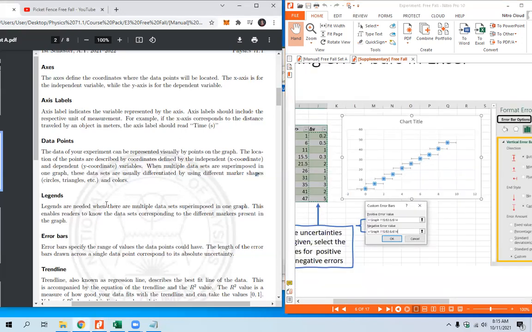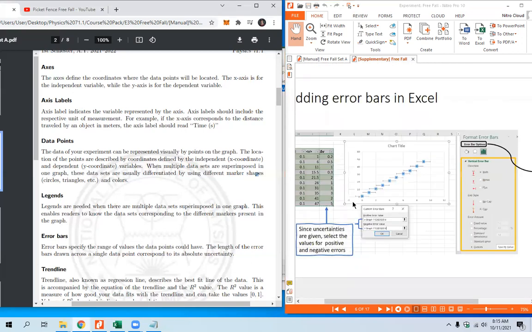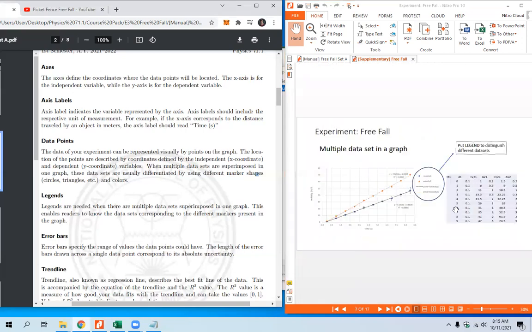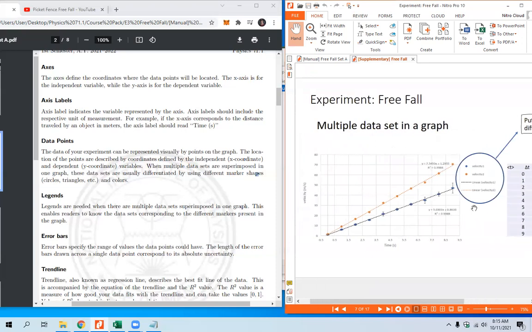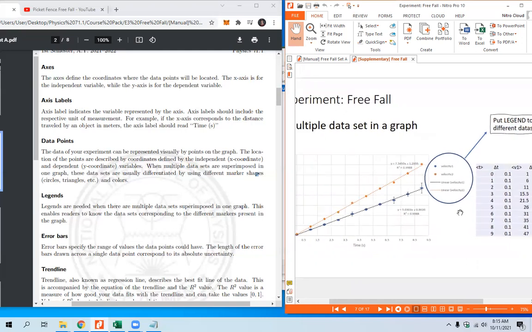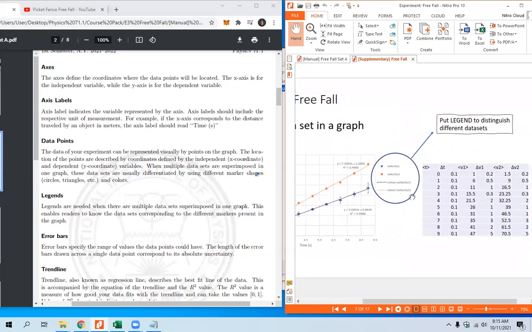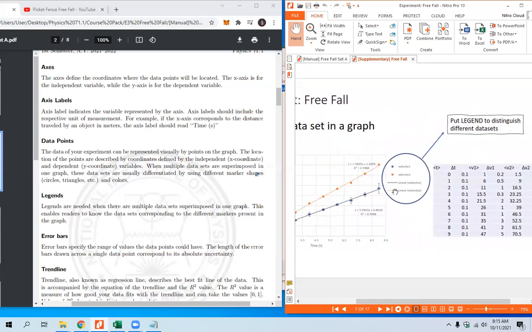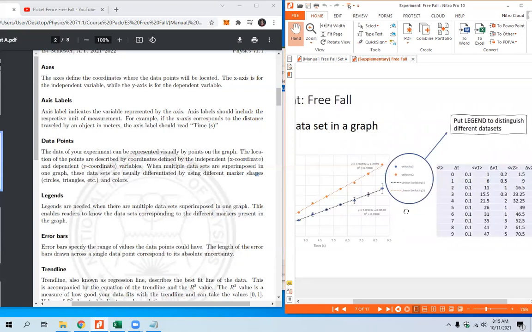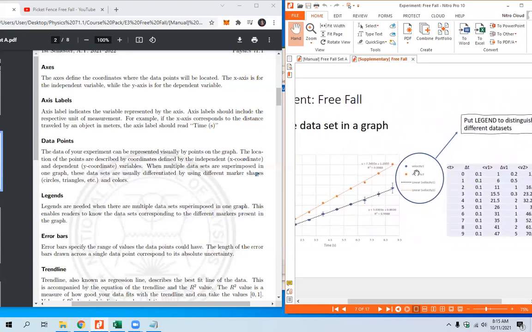Next, the fourth part of our graph is a legend. So may isang graph dito. Ito, yan. Kapag nagre-represent kayo ng more than one data set sa isang graph, it's very useful to make a legend. A legend is basically a list. Kasi one data set should have a specific symbol or color attached to it. Halimbawa, ito.